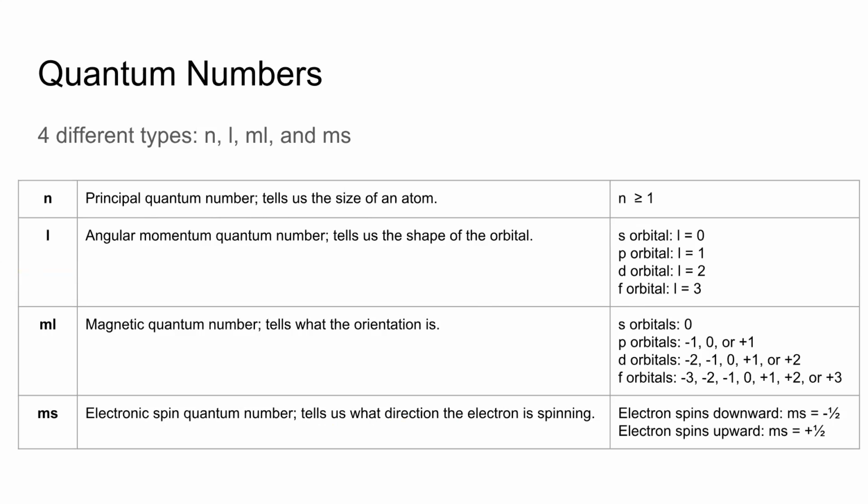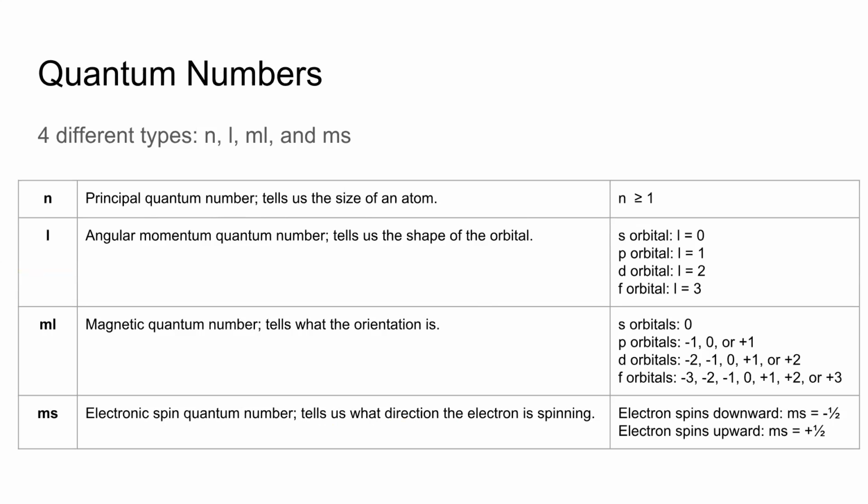Next, we have Ml, which is the magnetic quantum number, and this tells us what the orientation of the orbital is. So in lecture, we learned that these orbitals can be arranged in different ways. For example, p orbitals can have 3 different orientations. The numbers that we use to represent these are different for each orbital.